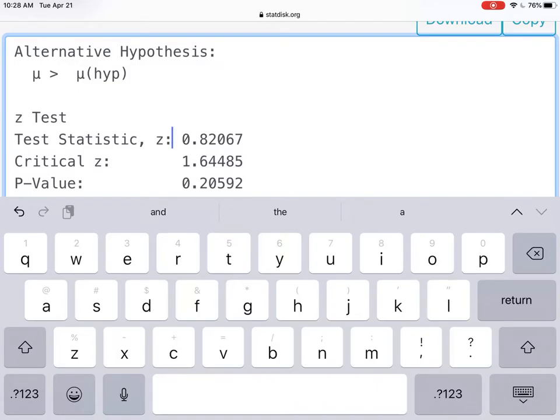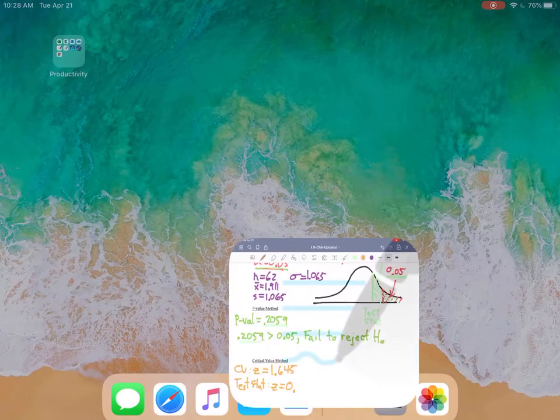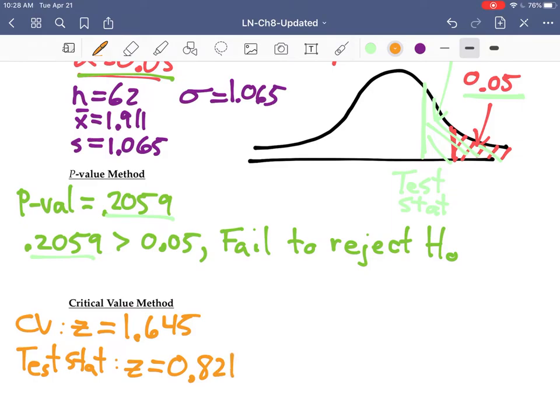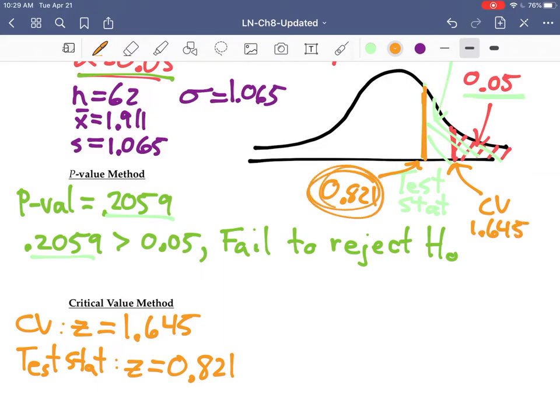So 0.821 is our test statistic. So what that tells us here is right there is our test statistic, 0.821. So that is the location, so not the area. The value right here is our critical value. That is the 1.645. And so since this value here does not occur in that region of rejection, we fail to reject the null.